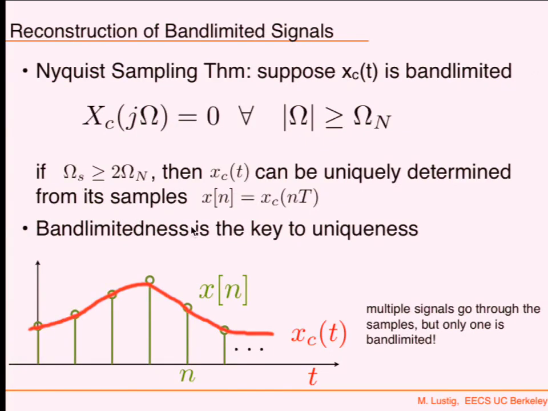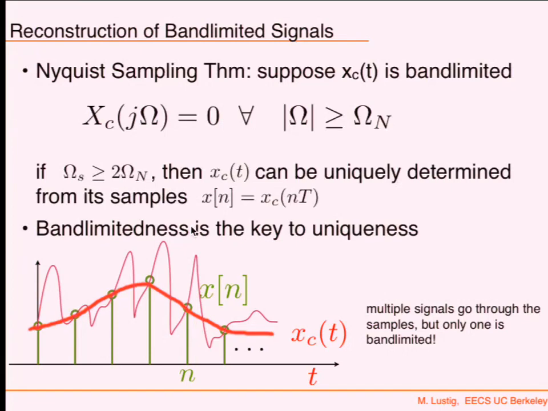Now, band limit is really the key to this uniqueness, because if you've got samples of the original signal, I can come up with different signals that would satisfy them. This signal will satisfy that, that signal will satisfy that, this one will satisfy that too. But how do I know which one is the real one?